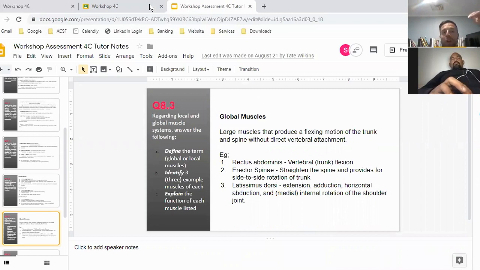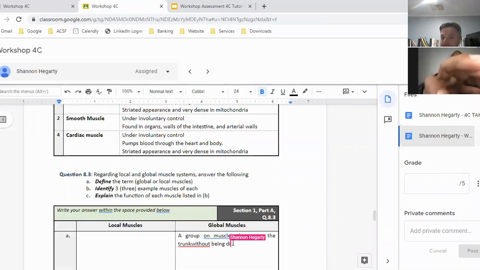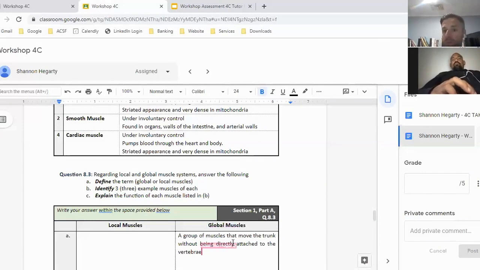So for global muscles, in the other column, I would write a group of muscles that move the trunk without being directly attached to the vertebrae, so they're not directly attached to the spine itself. Now, obviously, the local muscles would be the opposite of that. So these are muscles that are attached to the spine.